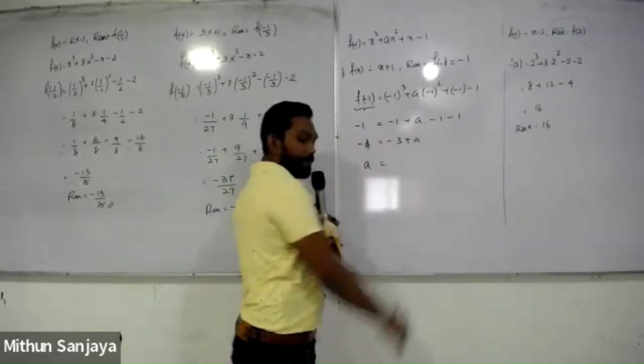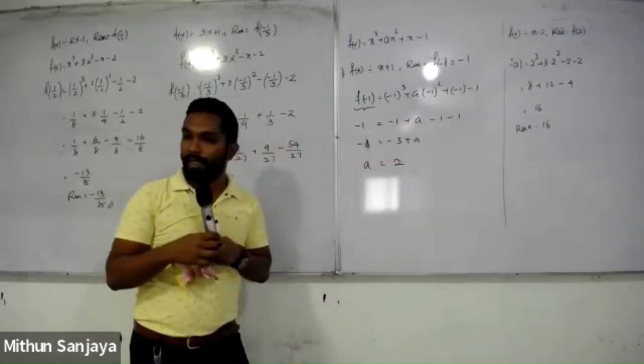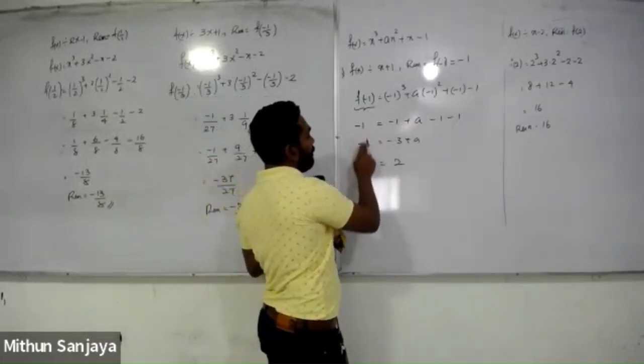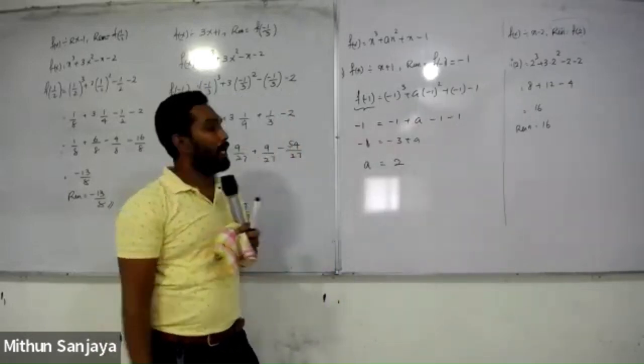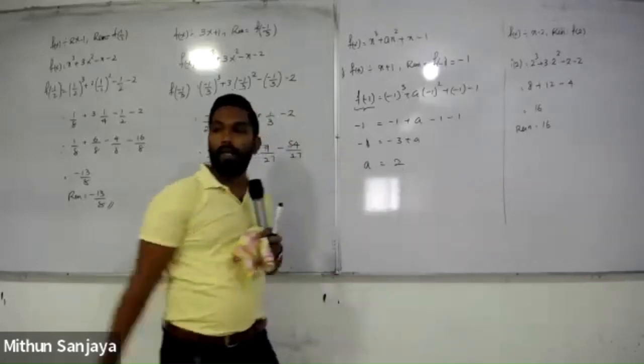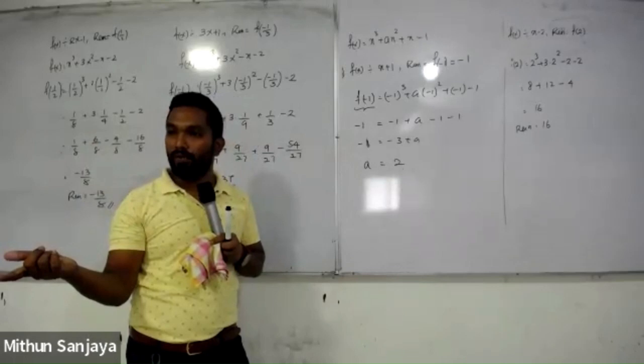Now a is minus 3 taken to the left side, plus 3 minus 1 is plus 2. Then a equals 2.